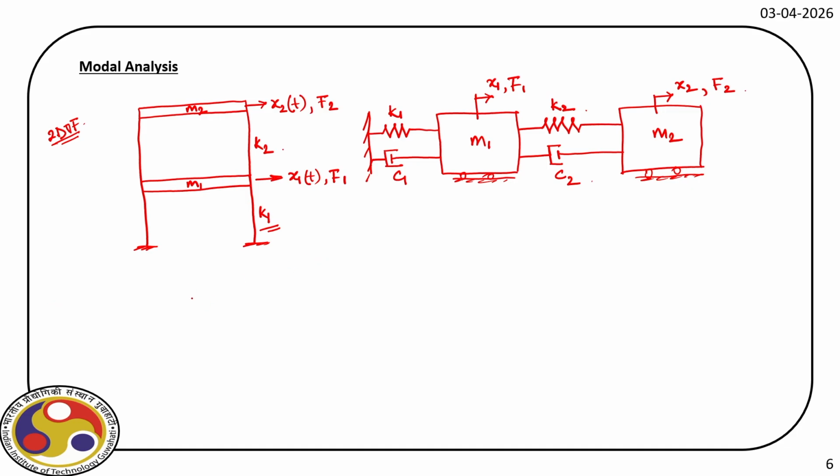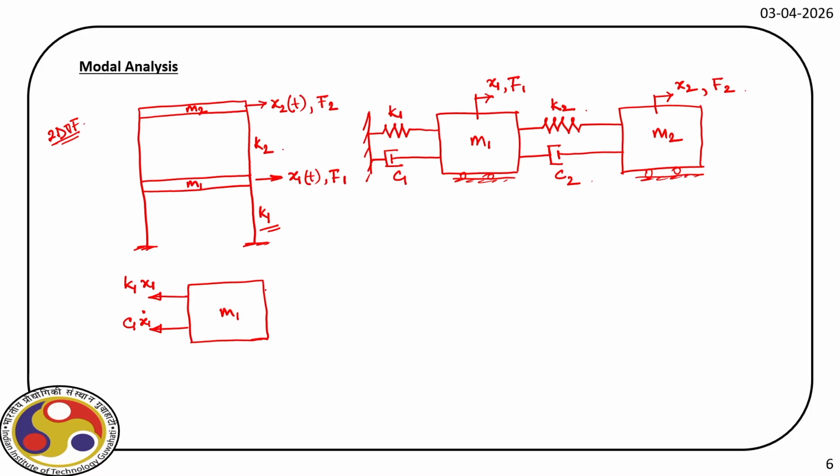Now, we have to draw the free body diagram for the first mass. So this is M1. For that, we'll have a spring force here, which is K1 times x1, and then C1 times x1 dot.